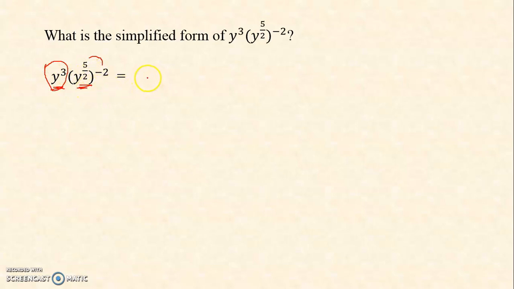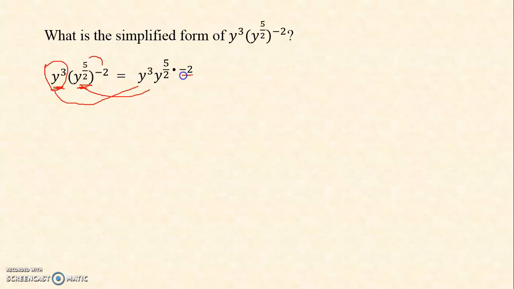Okay? So all you need to do is just copy your y raised to 3. And then you have to copy your second y, 5 over 2. And then after that, you're going to multiply that by negative 2.